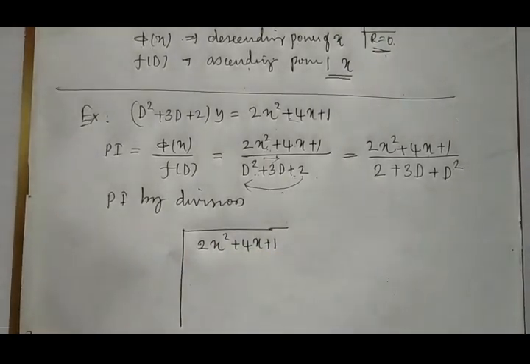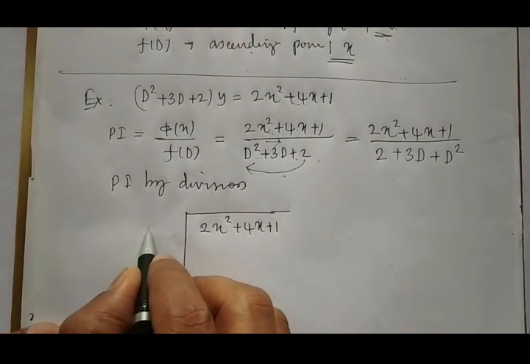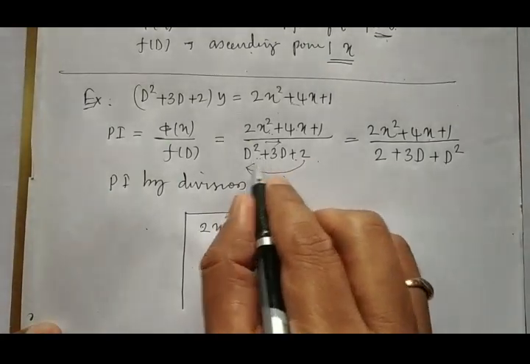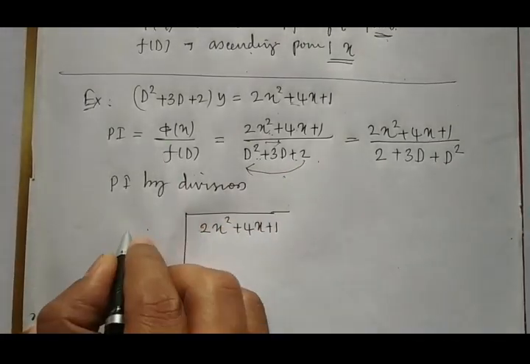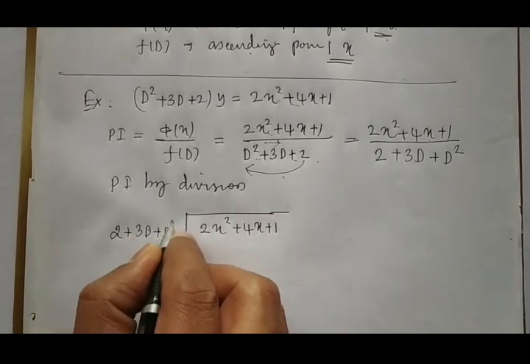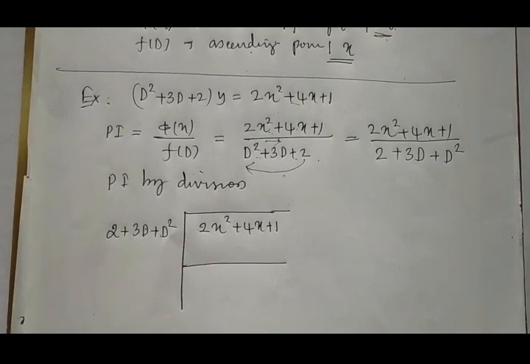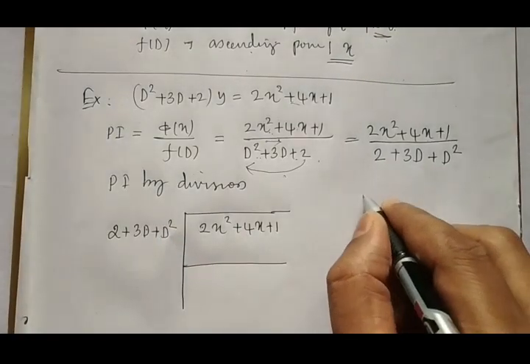It should be in descending order. Then here we need to write down f of D. What is f of D? This one, but we have to write it in ascending order, that is 2 plus 3D plus D square. Okay, very first I'll take a line here. Then I'll follow the steps.